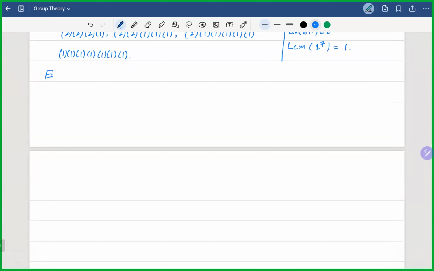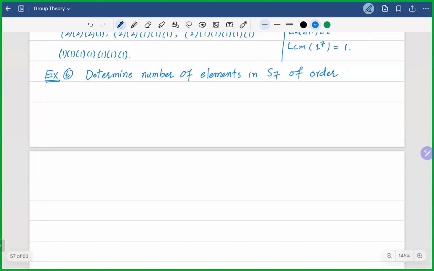So let's say example 6 says: determine the number of elements in S7 of order 12.